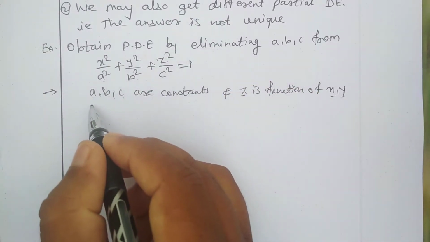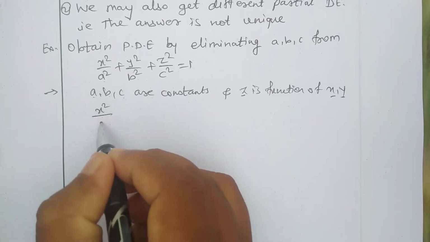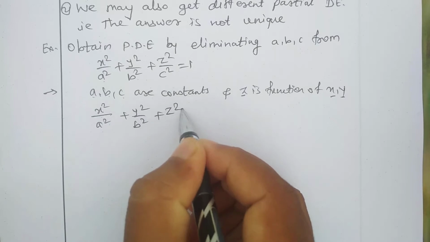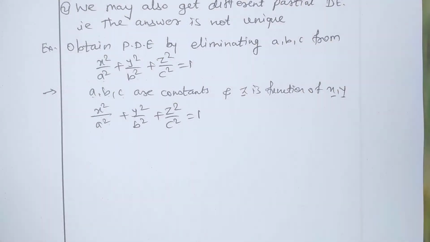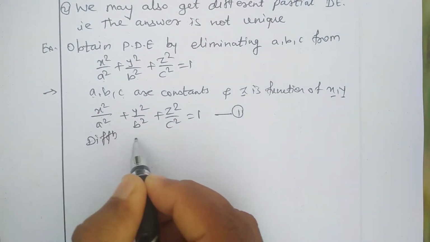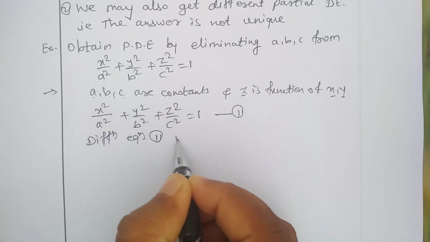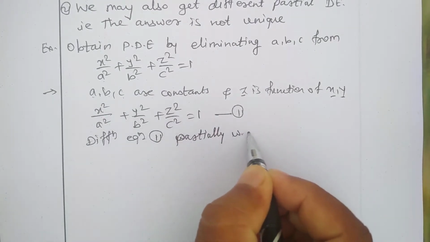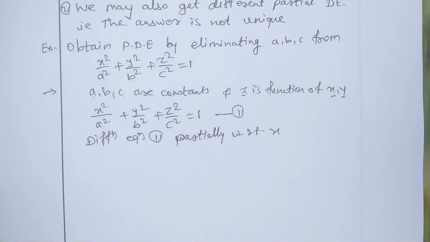So for that we write the given equation as x square upon a square plus y square upon b square plus z square upon c square is equal to 1, equation number 1. Differentiate equation 1 partially with respect to x. See what happens.